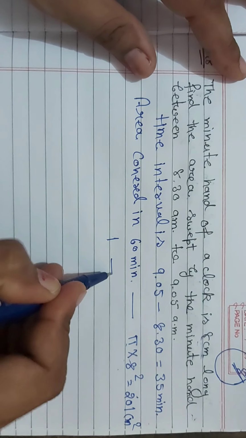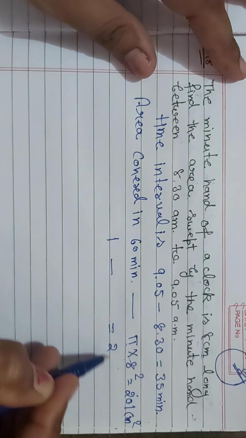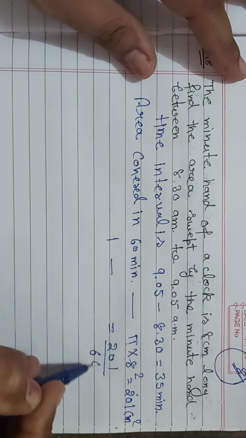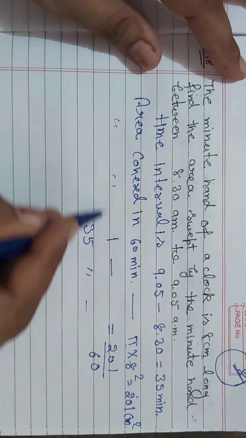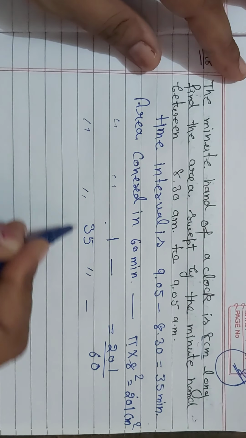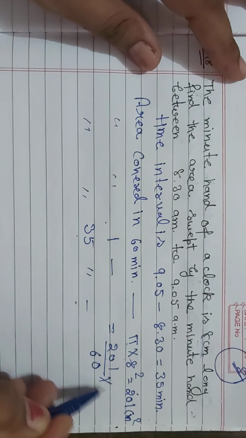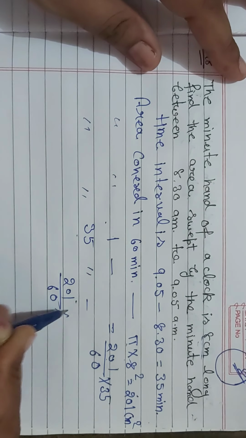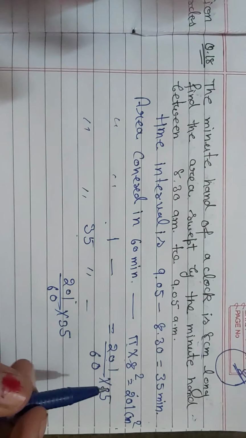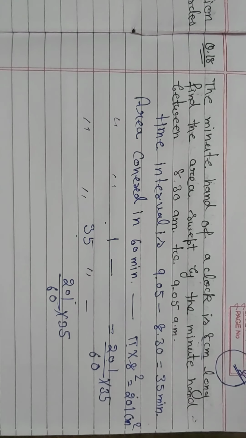In 1 minute, area covered equal to 201 by 60, and in 35 minutes, area covered equal to 201 by 60 multiplied by 35.